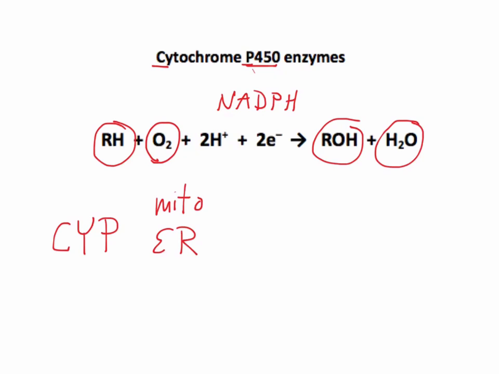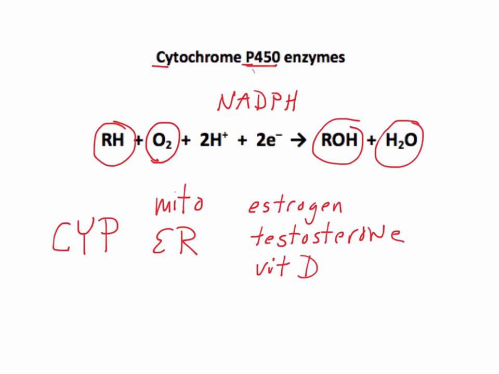CYPs play an important role in hormone synthesis and breakdown, including the synthesis and metabolism of estrogen, testosterone, cholesterol, and vitamin D. The P450 enzymes also function to metabolize potentially toxic compounds, including many drugs.